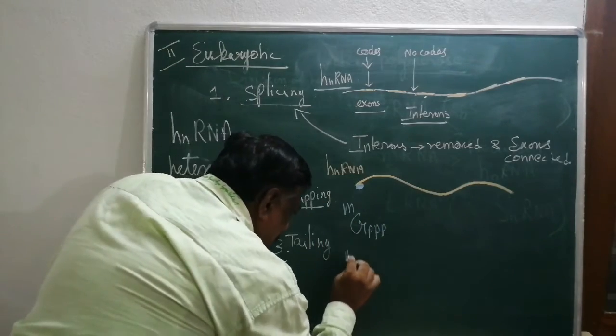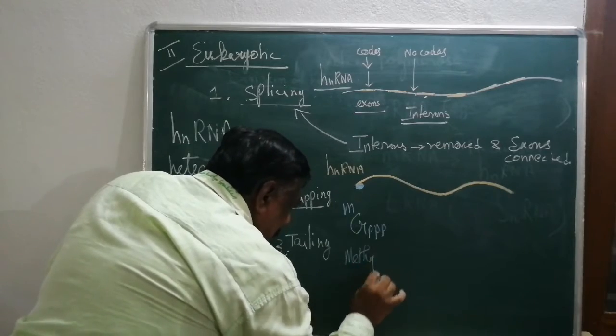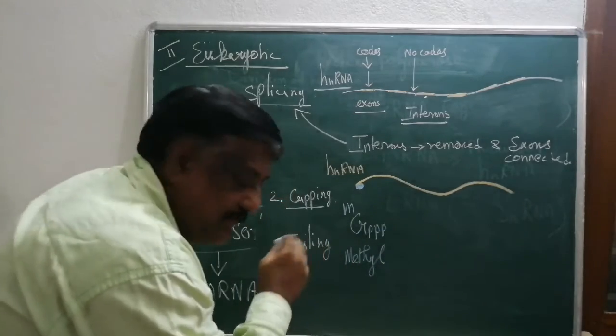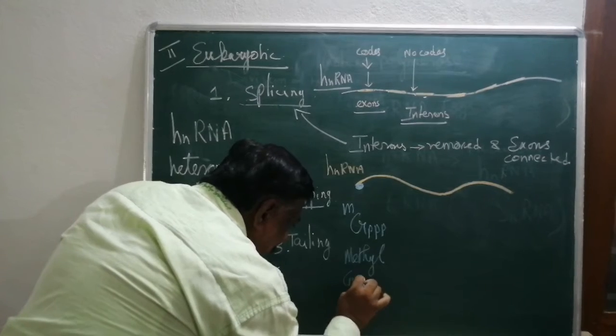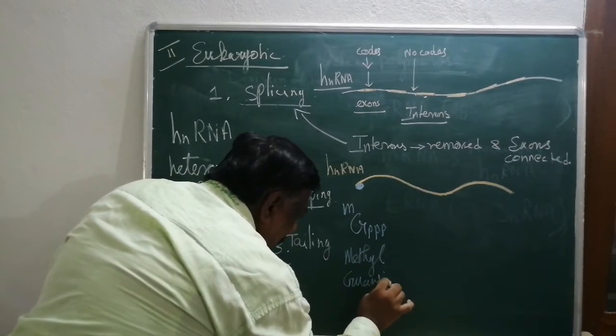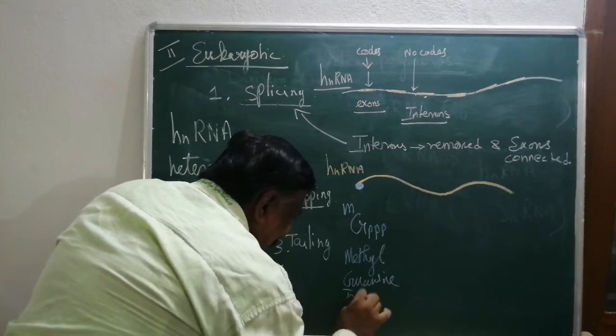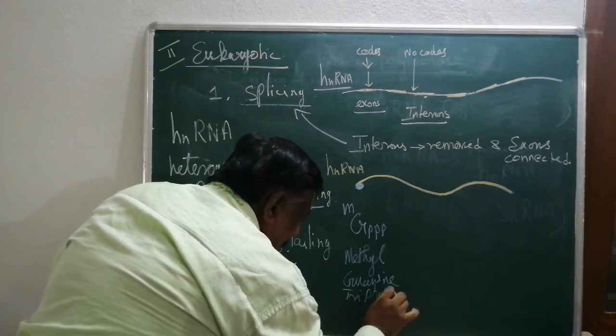It is methyl guanine triphosphate. Always the methyl group is first.